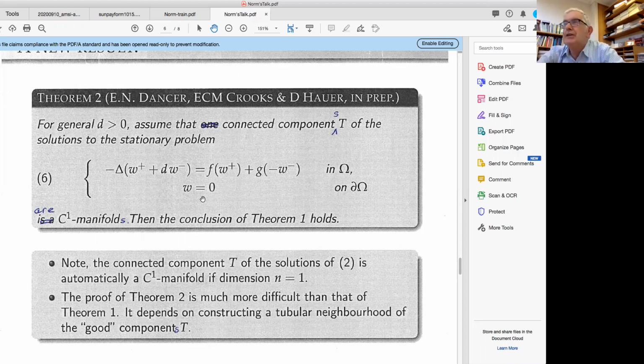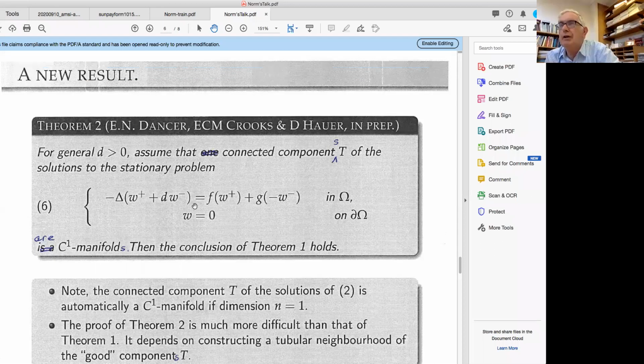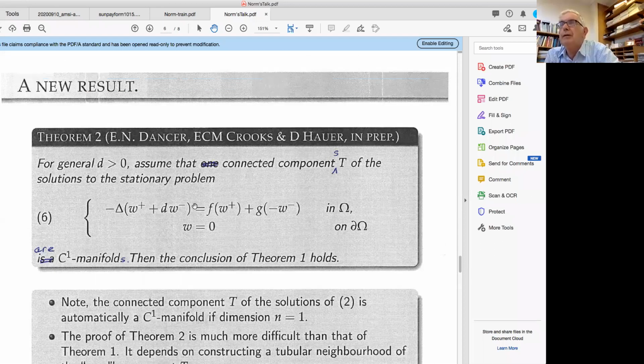Yeah, unless there's now some outside disturbance on the system, which of course is a completely different question. But we're trying to prove that these solutions, after a large time, basically settle down to something that's independent of time. And that's what we're trying to prove.